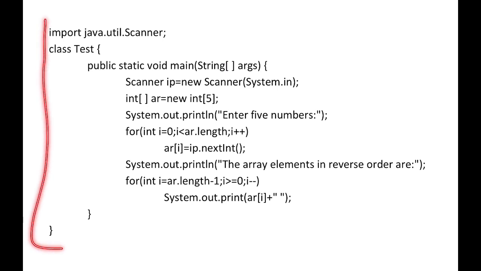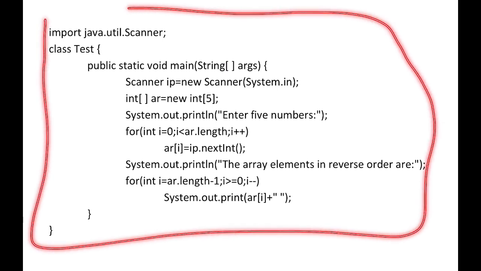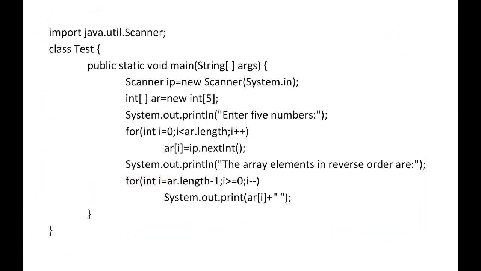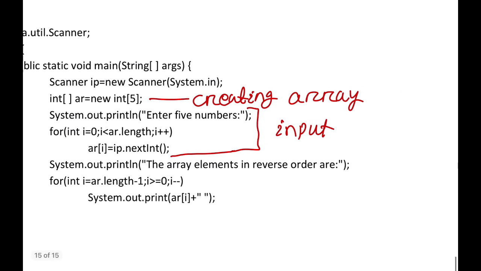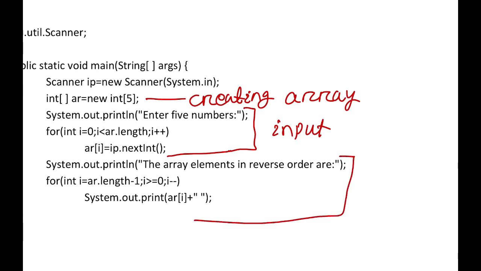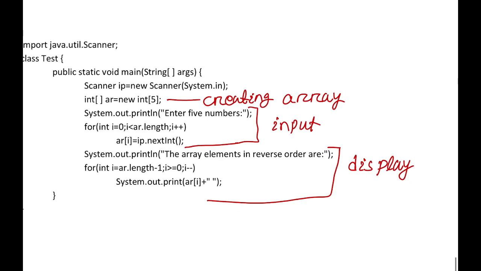So this program is going to print the elements of the array in reverse order, and here you can observe this line is for creating the array, these lines are for taking input, and these 3 lines are for displaying the array elements in reverse order.